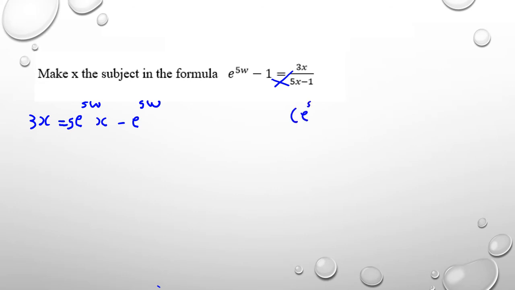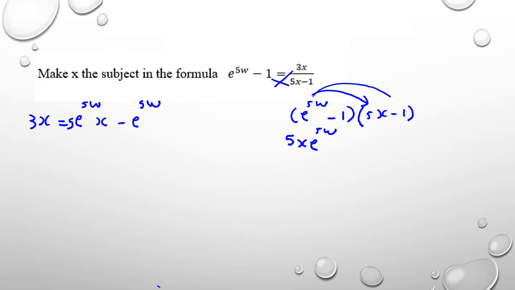So basically when you cross multiply it means it's like you're expanding. Those two terms are multiplied by those two terms. Okay, I'm just doing it on the side just to make things clearer. So I'm going to multiply those two first, and that gives me 5x e to the power of 5w, which is what I've written here. I just wrote the x after the e, it should be before.